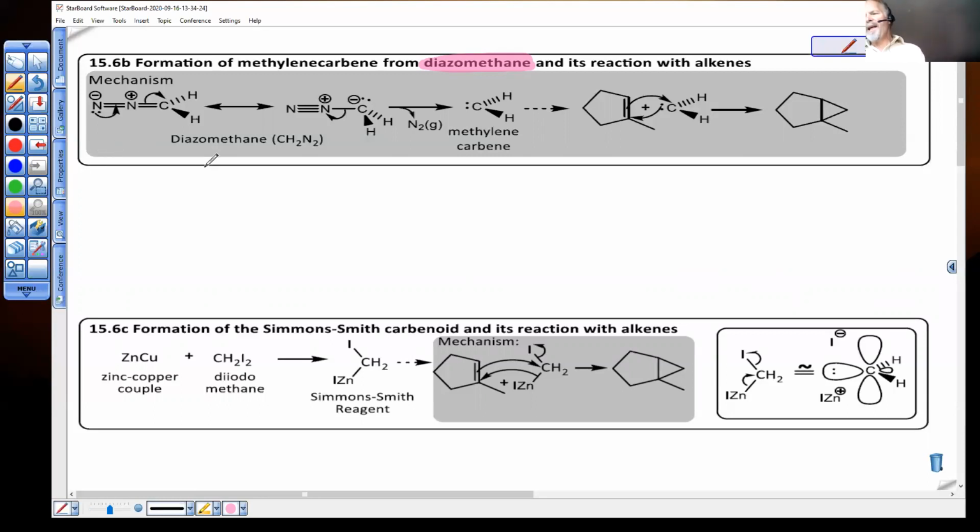Diazomethane's name implies we have 2 azos. So a little heads up for your future. If you see azo in any name, there's nitrogen. And this has 2 nitrogens, so 2 nitrogens on methane.